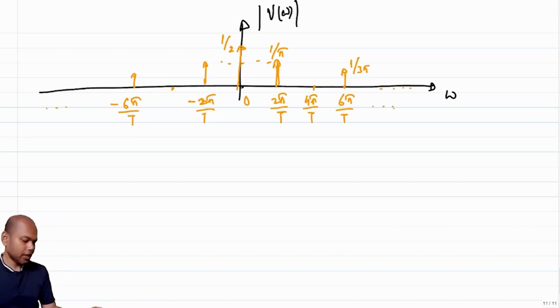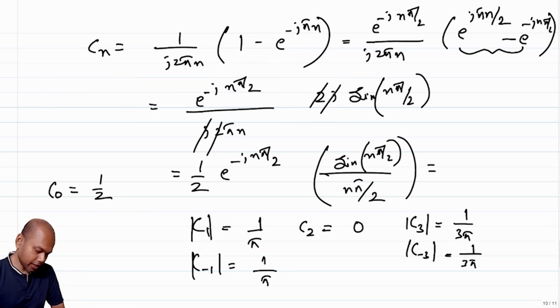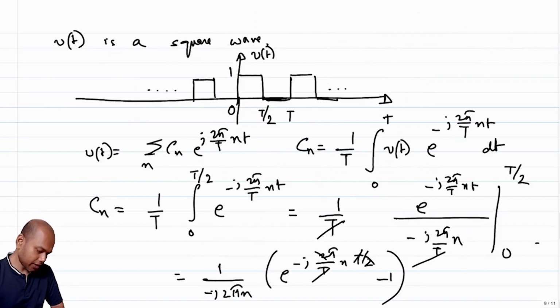Right. So the key thing to note is that for a 50% duty cycled square wave clock, you get only odd harmonics of the fundamental frequency.